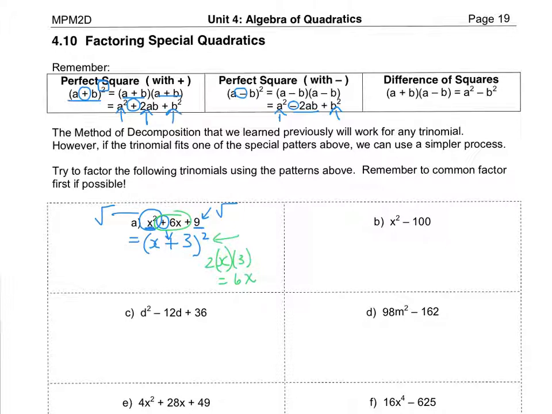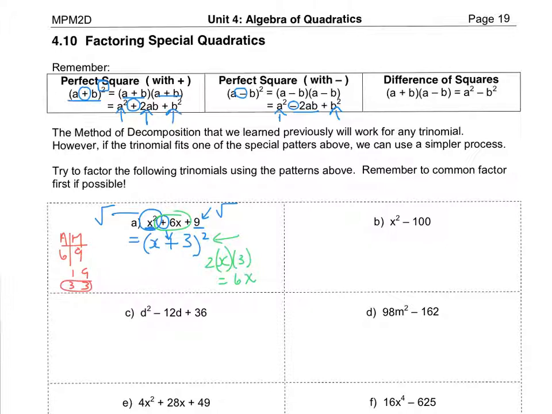It's also a simple trinomial, so you could also treat this like adding to 6 and multiplying to positive 9. Two numbers that will multiply to 9 would be 1 and 9, and then 3 and 3. And if you check that out, the 3 and the 3 multiplies to 9 and adds to 6.